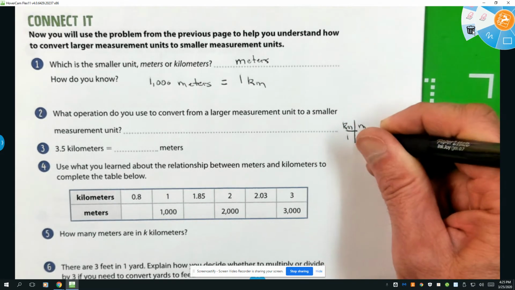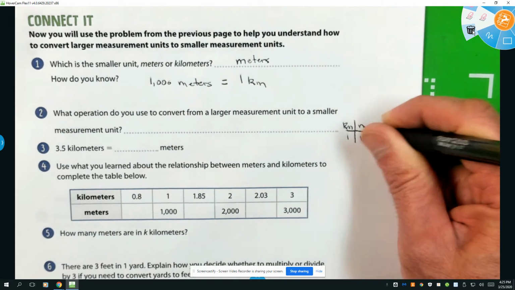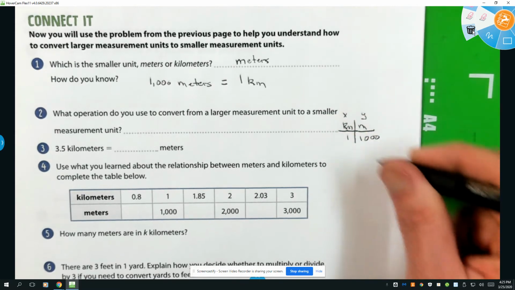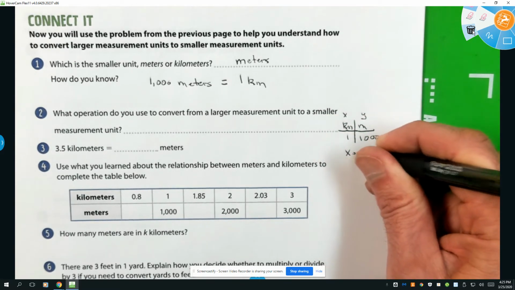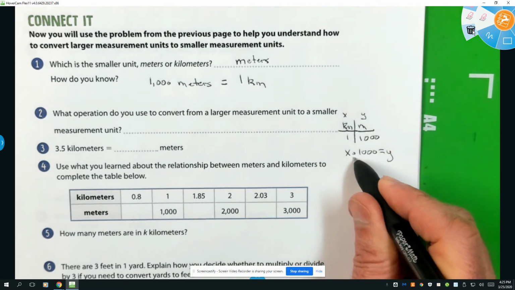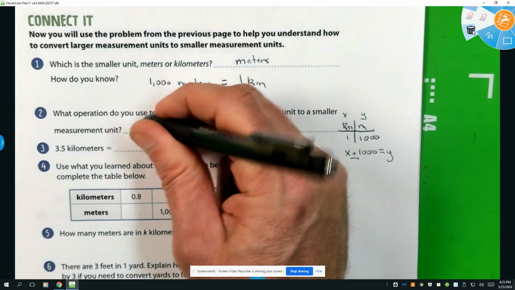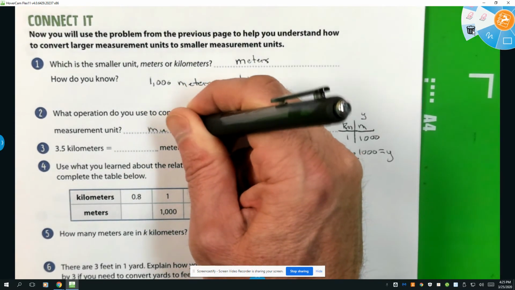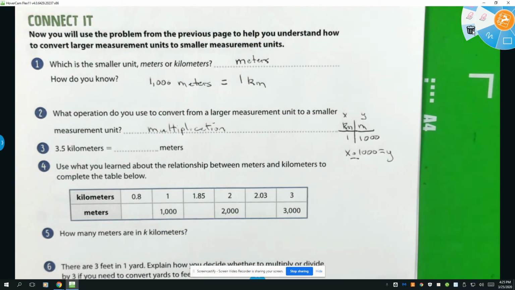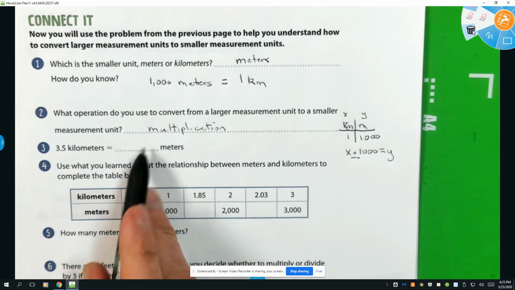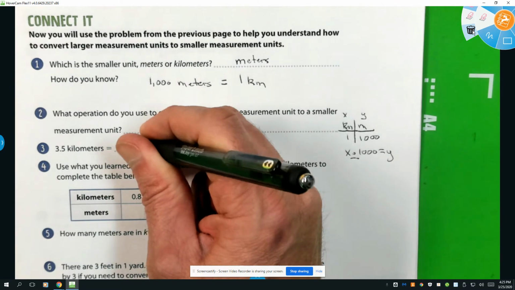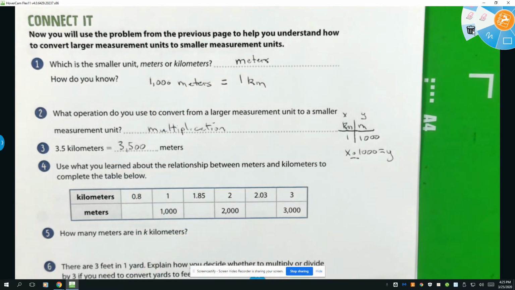And if I have 1 to 1,000, how did I get, and I've talked about this before, from X to Y? Remember, we went X times 1,000 to equal Y. And obviously, looking at that operation right there, it is multiplication. Hopefully you guys have paused at least once in there. Okay, so 3.5 kilometers equals, and we answered this on the other side, 3,500 meters.